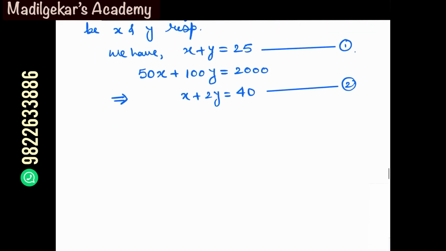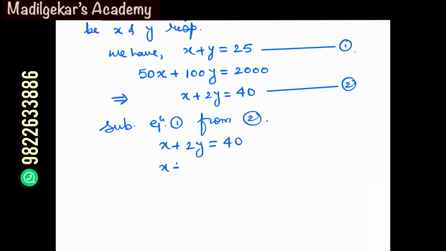Now as we can see, both X terms are the same in the equations, so we'll subtract. Subtracting equation 1 from equation 2, X plus 2Y equals 40, X plus Y equals 25.